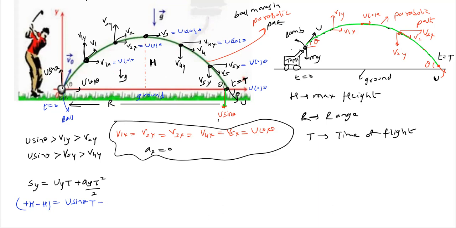There's a reason why you are having minus g here, times t square by 2. So this is equal to u sine theta minus g t by 2. So what is the time of flight? 2u sine theta by g. This is the expression for time of flight.